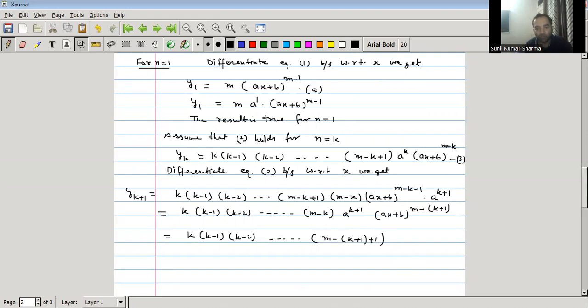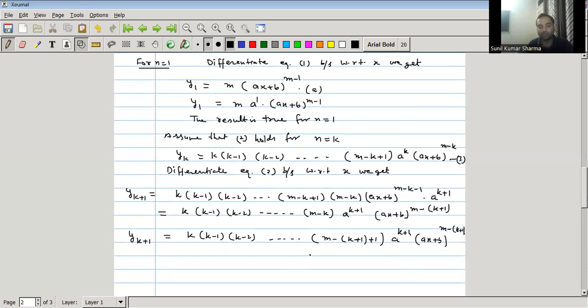So it is m minus k minus 1 plus 1, it becomes 0, so it remains m minus k. Because we have to write the result in terms of k plus 1, instead of writing m minus k, we write m minus (k plus 1) plus 1, into a to the power k plus 1, into (ax plus b) to the power m minus (k plus 1).